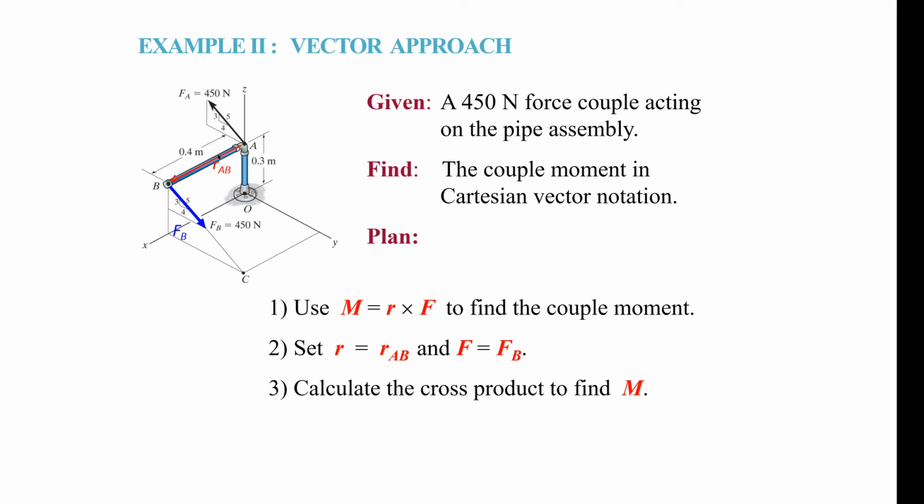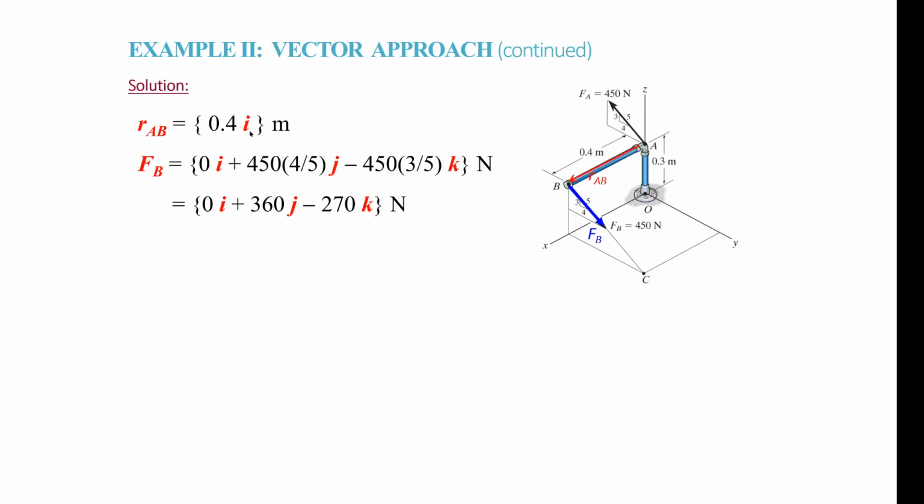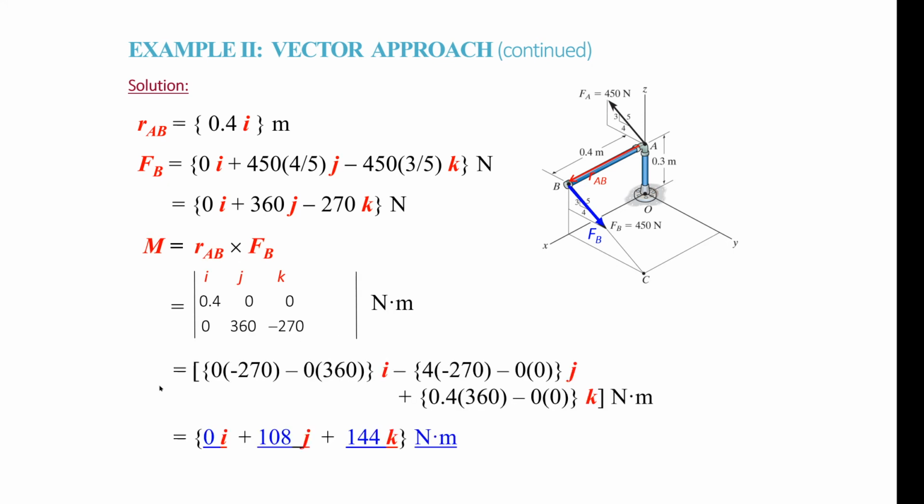If we had gone in the other direction, we could have started here and gone in that direction. Then it would have been RBA, and then FA would have been the force vector, okay? So let's just go through the process and calculate it, and here's our RAB, here's our FB, and then we do the cross product of that to come up with the end result, okay?